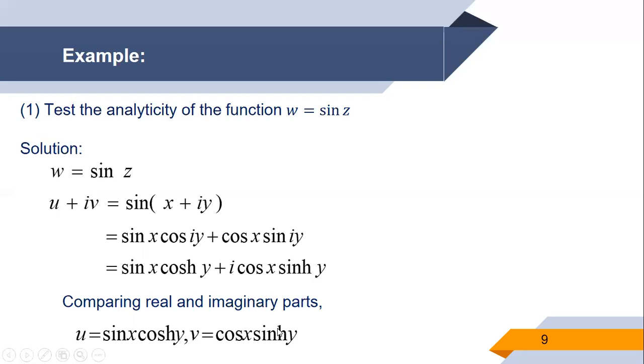Any function is given and we want to check whether it is differentiable, satisfies the CR equation, is analytic, or is entire. First we find the real part u and the imaginary part v in terms of x and y.